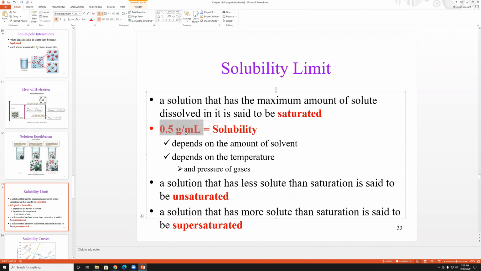You dry off the salt in the filter paper really well, and then you weigh it. Let's say you start out with 100 grams and you end up with 80 grams. That means you assume 20 grams were dissolved in the water, so the solubility is 20 grams per 20 milliliters of water.